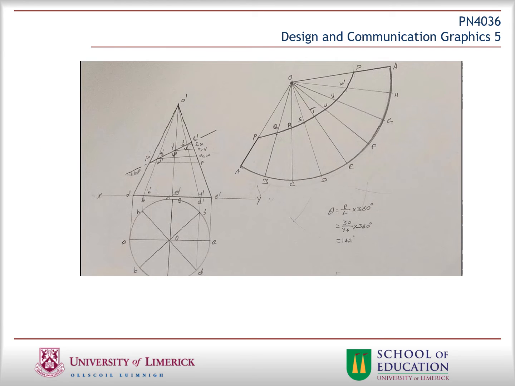Developing the cone, I take the class onto that then. They should be familiar with some of the principles here. I'm hoping that they'll know what this looks like. They will have done it before. It's just taking the points from the apex with our compass down to where it's being cut.